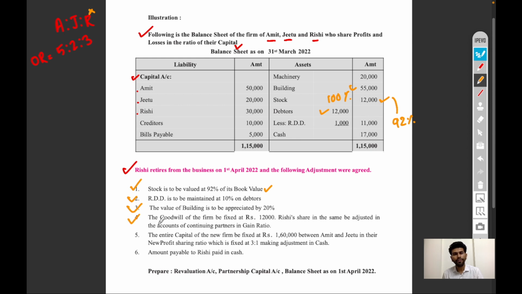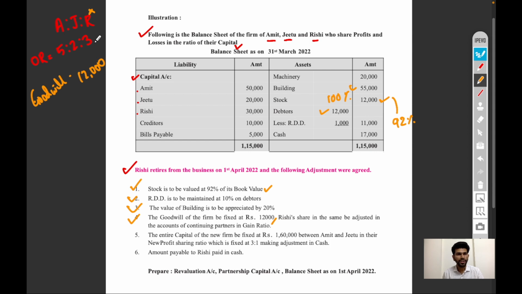The goodwill of the firm is to be fixed at 12,000 rupees. Rishi's share in the same is to be adjusted in the accounts of continuing partners in the gain ratio.